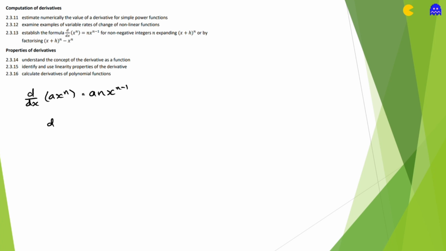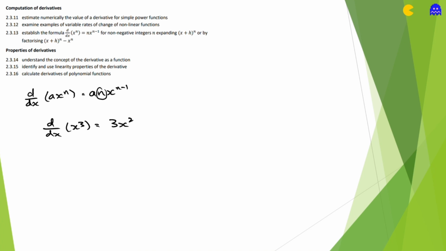And so if we consider a function x cubed, and the derivative of that, we get 3x squared. That is, we have our n drop down to become 3. So this is our n corresponding to the n, with our 3 corresponding to 3. And we have the 3 decreasing down to 2 as well.